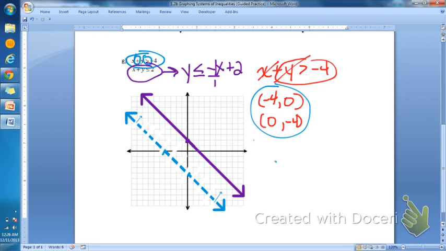It has the equal to sign, so it stays solid. Now I need to make the guide arrows for shading on it as well. And notice that it says less than or equal to, so less than means below the line.